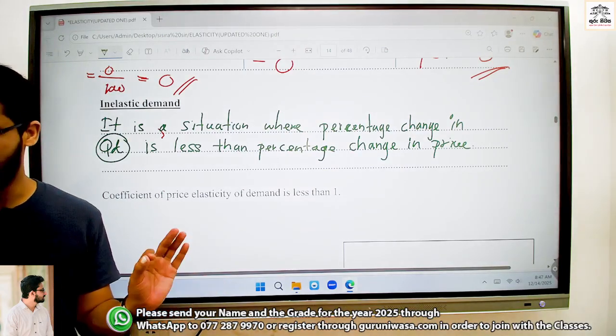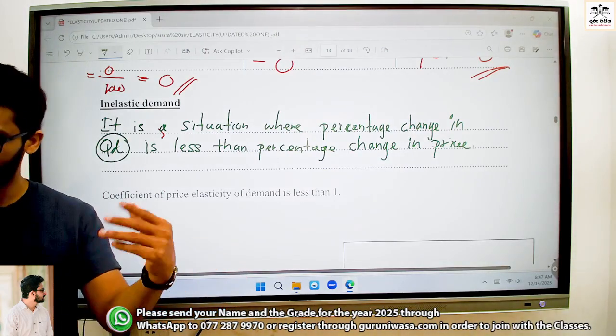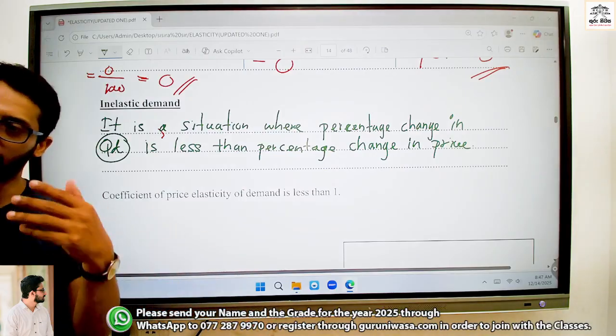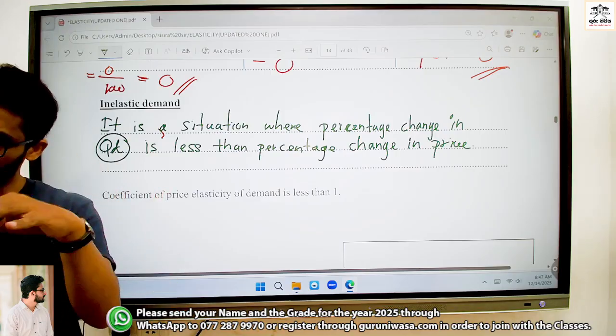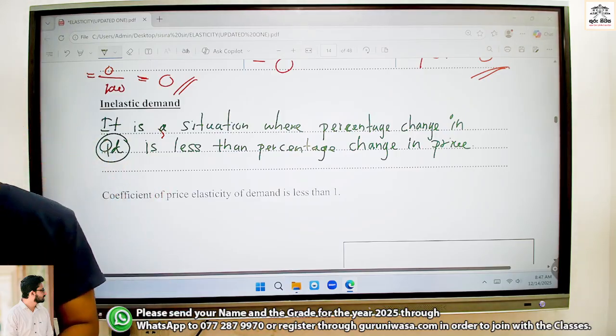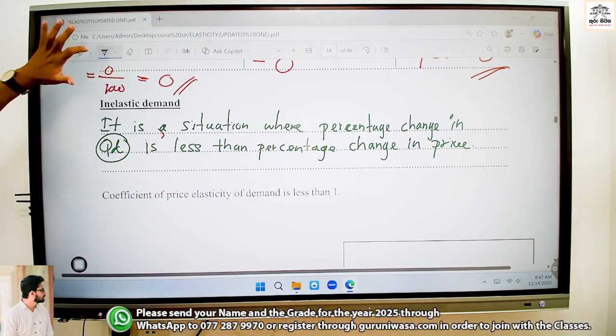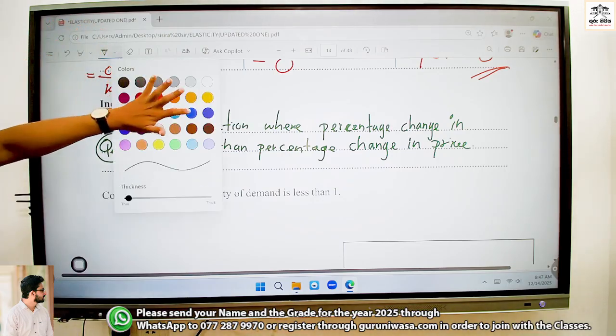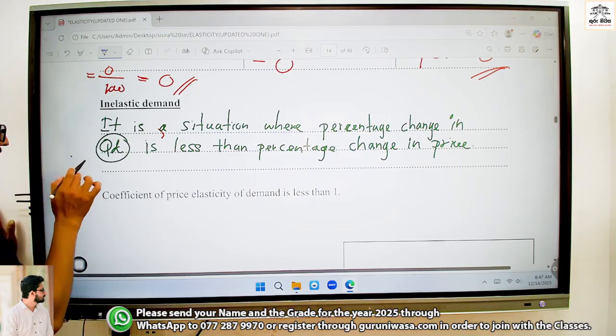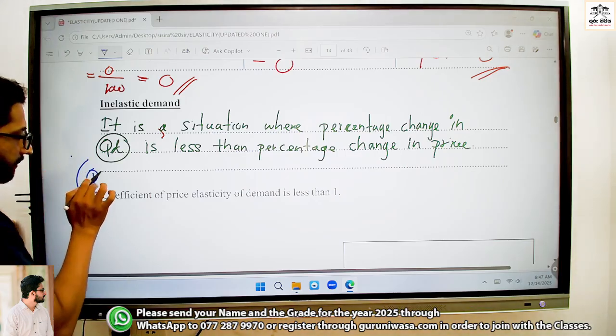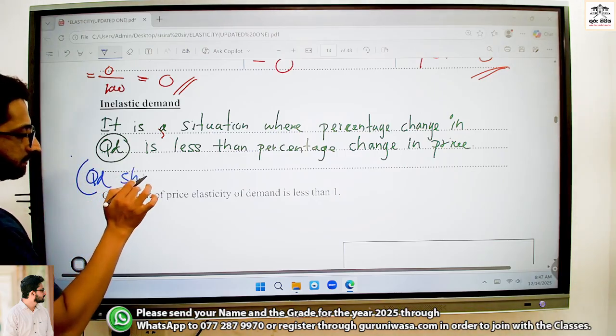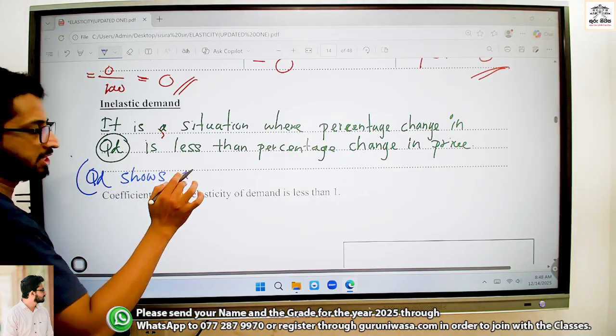Other factors: buyer's income, prices of other goods, all other factors are constant. Within brackets write down: QD shows a little response.